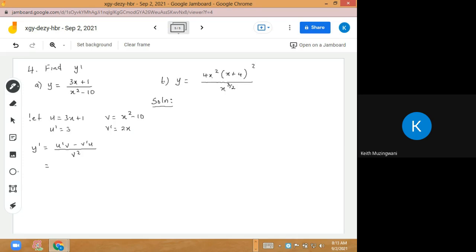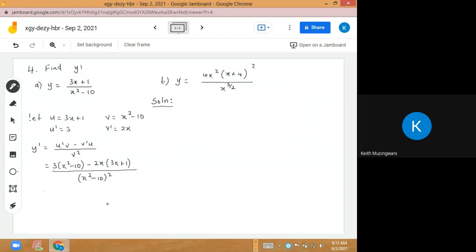This is u prime is 3, v is x squared minus 10, minus v prime is 2x, u is 3x plus 1, over v squared is (x squared minus 10) squared.